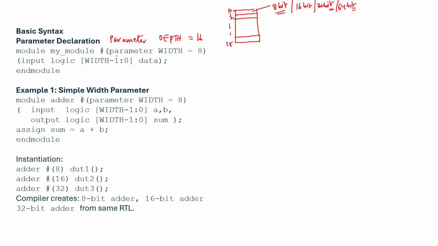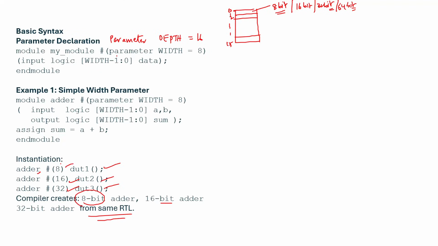So this is the instantiation. See, adder hash 8, so DUT 1, and then DUT 2 16 bit, DUT 3 32 bit. So the compiler creates that 8 bit adder, 16 bit adder and 32 bit adder from the same RTL. We are just instantiating, that's it.